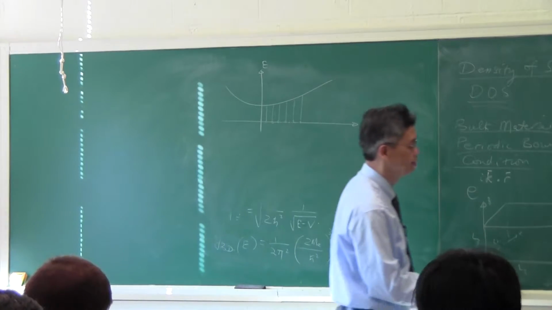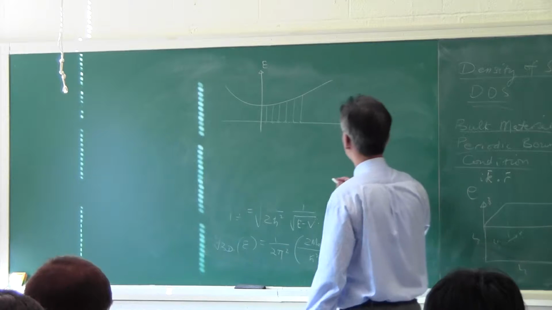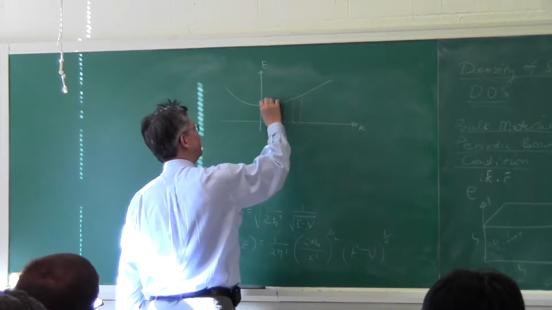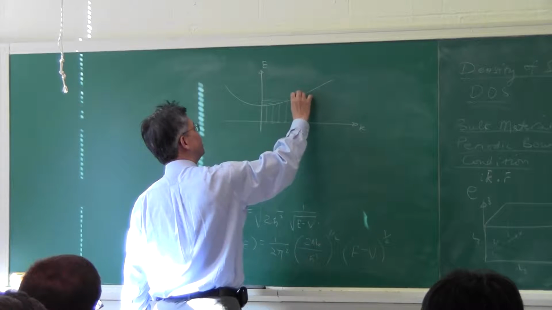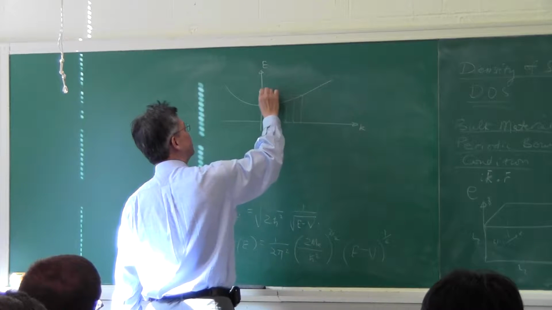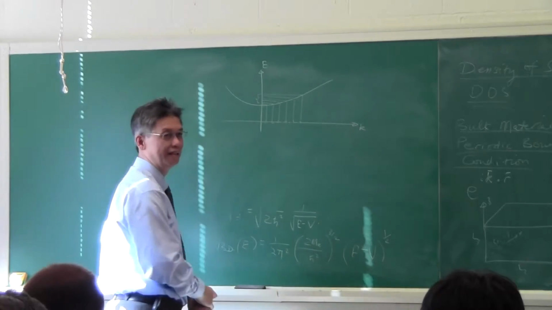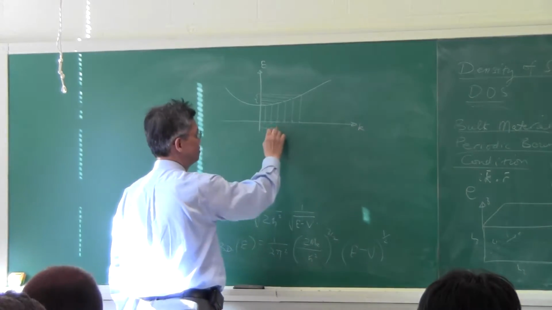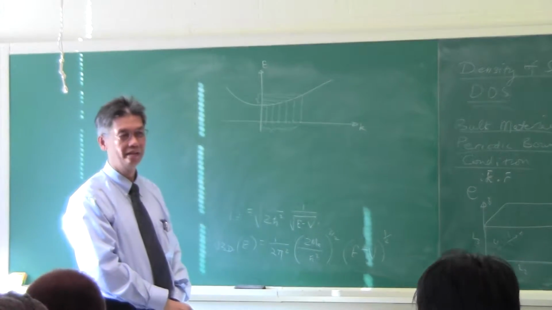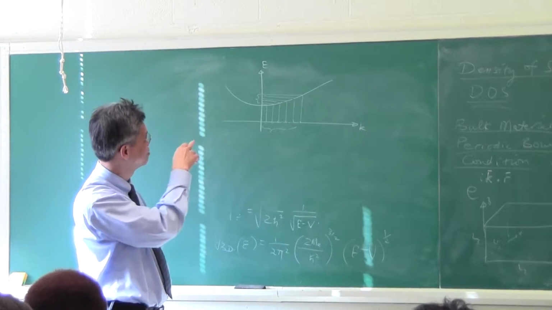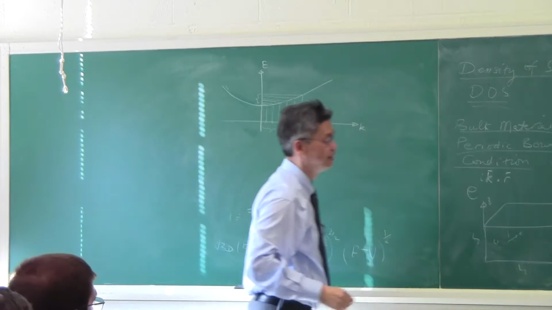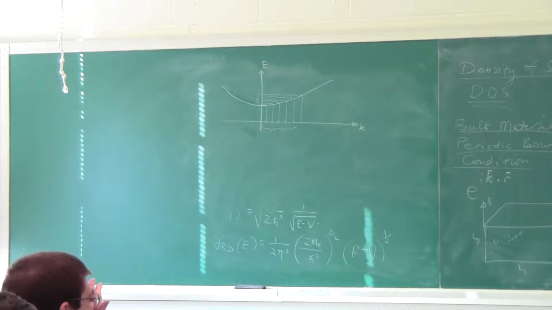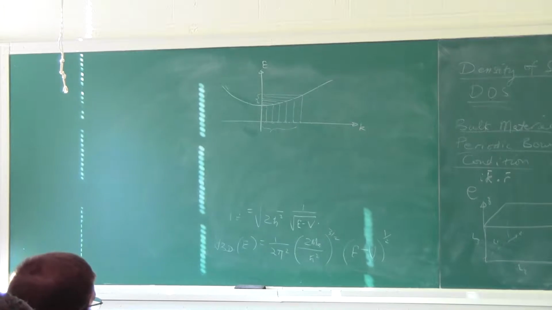It was a 1D thing, right? They counted. Then you see that when you count them in the E direction, they're actually not evenly spaced anymore. So the density of states in the E dimension is different from the density of states in the k direction. Okay? You see that this mapping is not linear, it's a parabola. This is what the dE/dk, or the dk/dE, does, is give you the slope of the mapping.